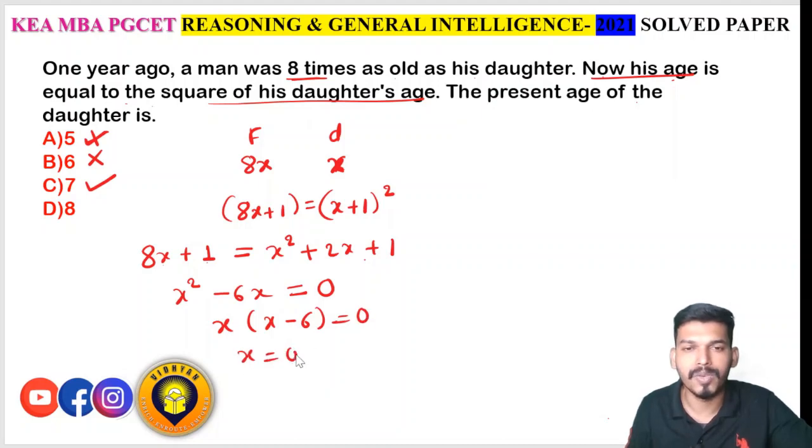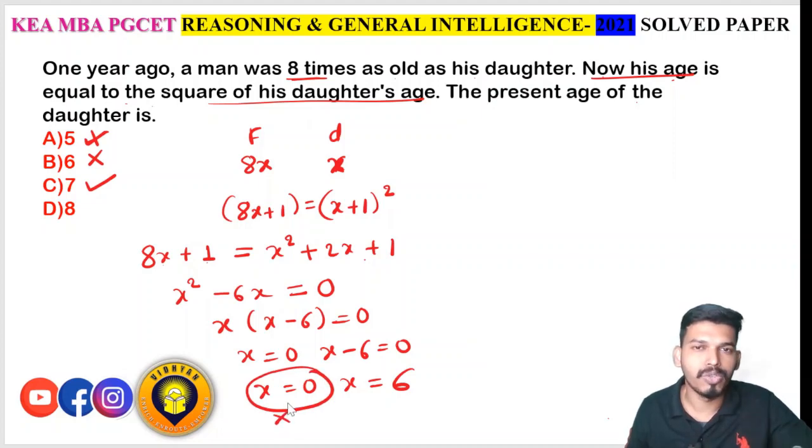That means either x is equal to 0 or x minus 6 equals 0. That means x is equal to 0 or x is equal to 6. x cannot be equal to 0 according to our question, because in our assumption, x is the age of the daughter 1 year ago. So you cannot keep it as 0. Here, if x is 0, the father's age 8x also becomes 0, right?